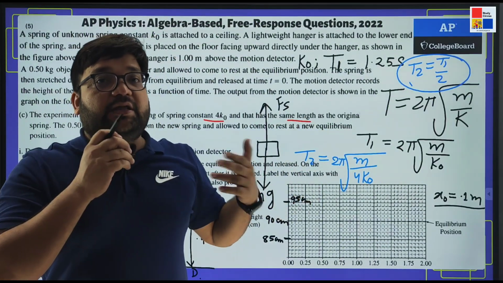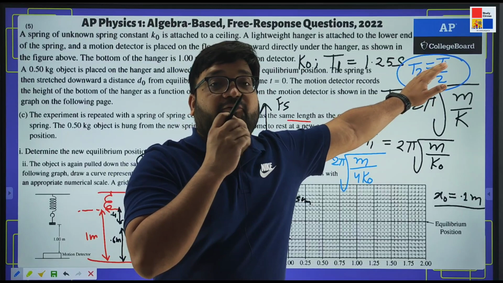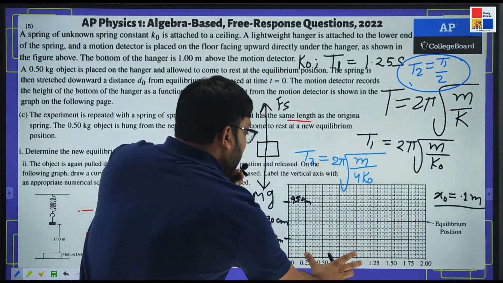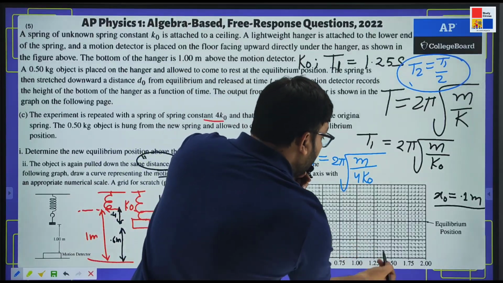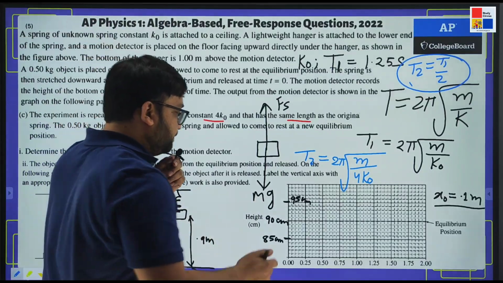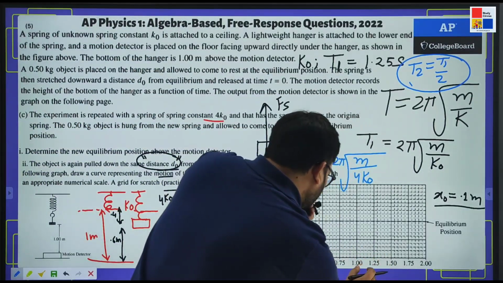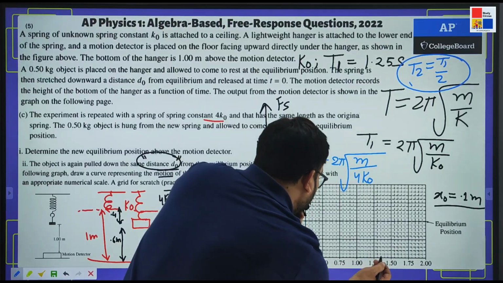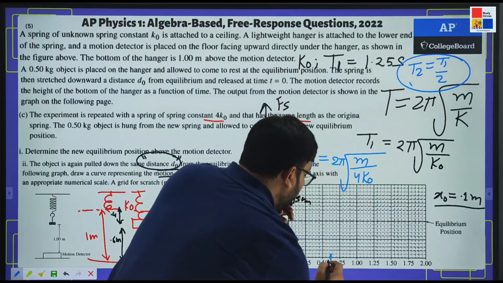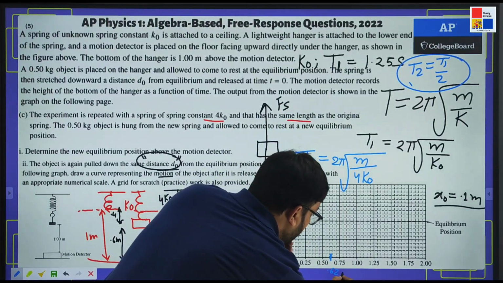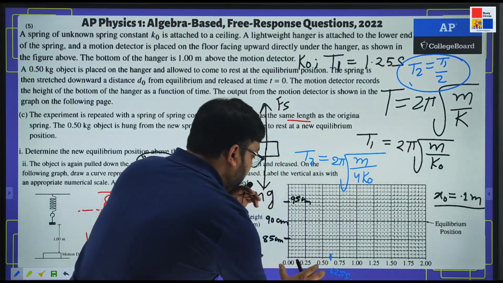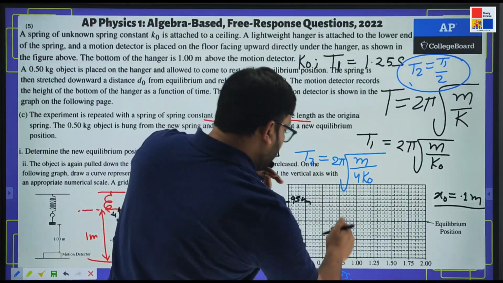The time period in the new situation is half of what it was previously. If we completed one cycle in 1.25 seconds, it will now do so in half that time. In 1.25 seconds, it will complete two cycles. Half of 1.25 is 0.625 seconds. So from 0 to 0.625, it will complete one cycle.